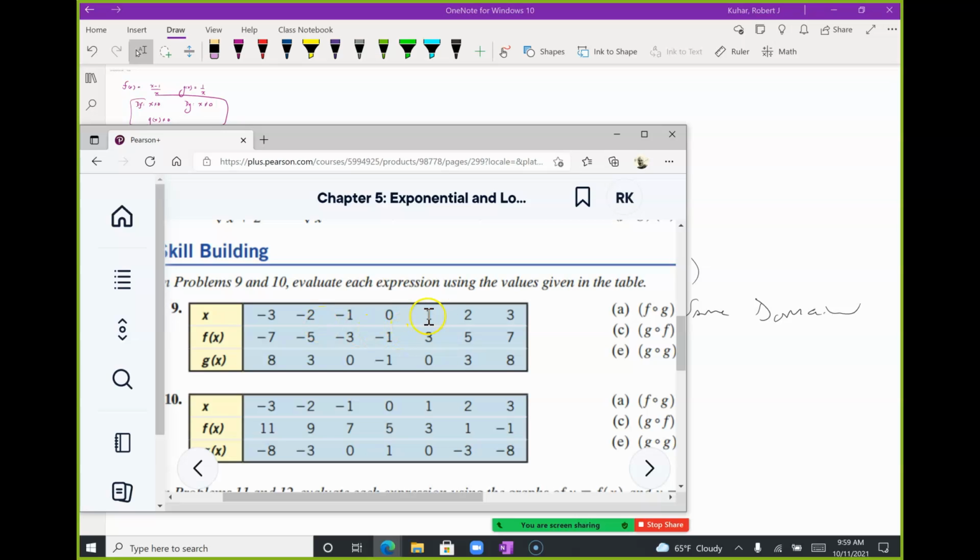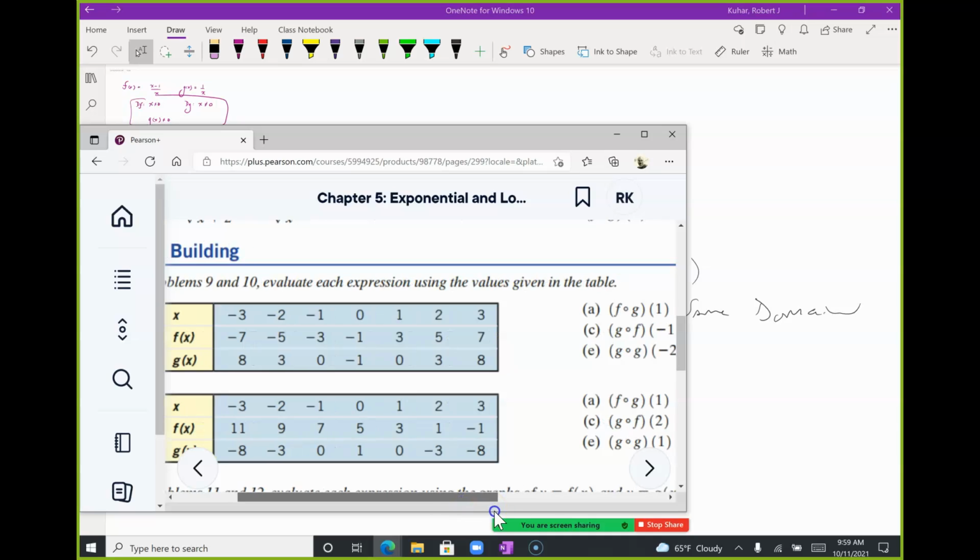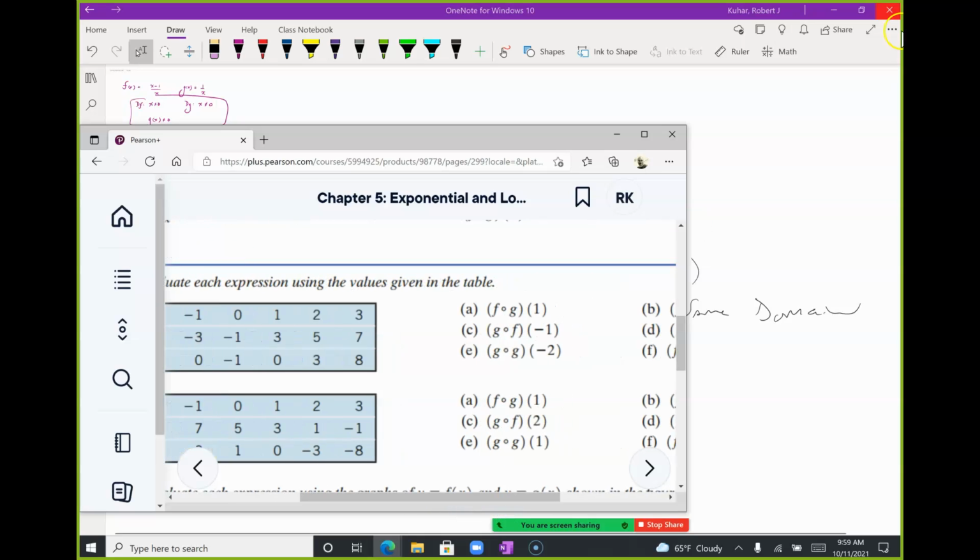So I want g of 1. I'm putting in 1, and here is g of 1. That's 0. And so now what am I putting into f? I'm putting in 0, and what do I get out of f? I get a -1. That's way easier. Okay. Some students don't like it at all, but I never test on the table. But there's a couple of tables in the homework, so just make sure you do those because it will help you understand it.